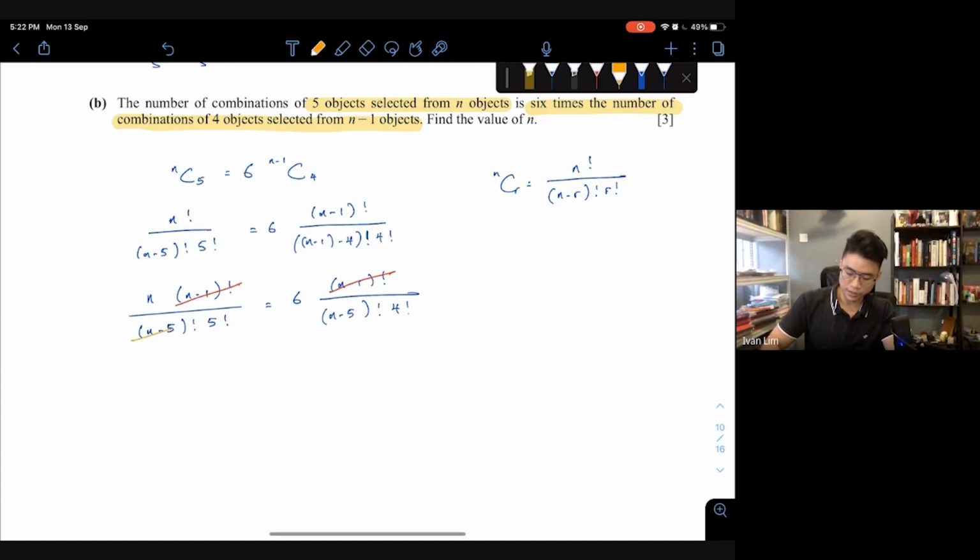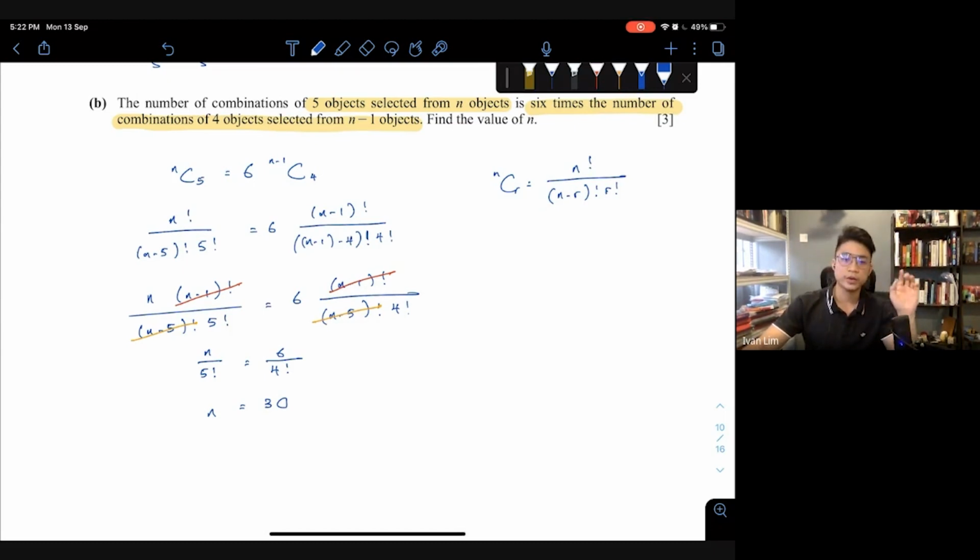Bottom also has n minus 5 factorial on both sides. So I'm left with n over 5 factorial equals 6 over 4 factorial. Calculate your n, you'll get n equals 30.